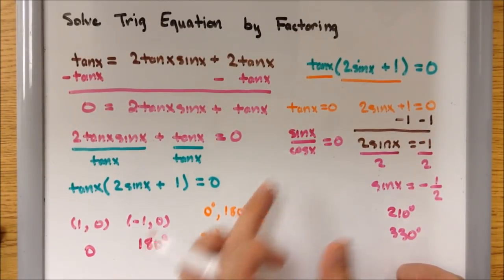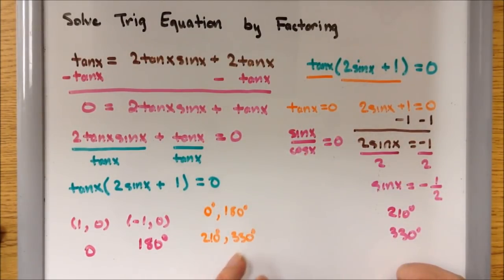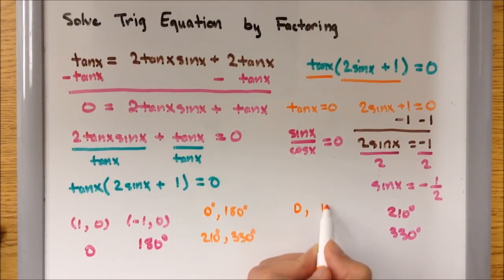The first half is for tangent of x equal to 0. The second half is for sine of x equals negative 1/2. Now if I were to do this in radians, the radian equivalent for 0 degrees is just 0. The radian equivalent for 180 degrees is just pi. The radian equivalent for 210 degrees is 7 pi over 6.